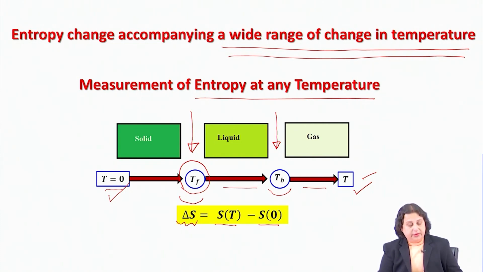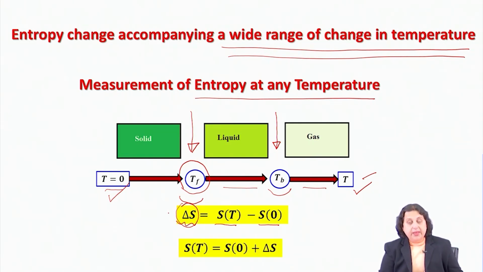Now we have already discussed how to find out delta S for such systems, for these kinds of processes. Therefore, I can find out S of T, that is the absolute magnitude of entropy at a temperature T, as the magnitude of entropy at absolute zero of temperature plus delta S.